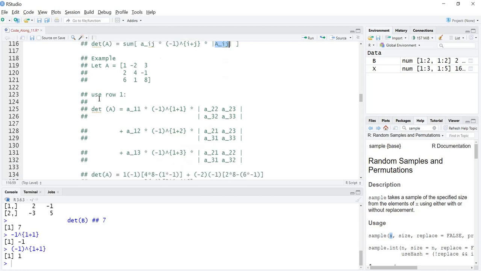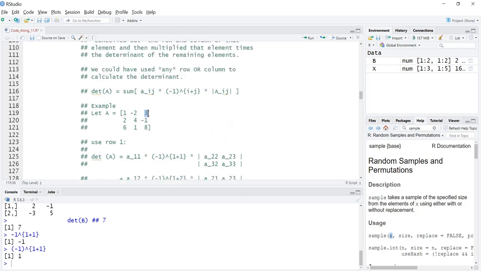So I'm going to use row 1. And so the determinant, since I'm using row 1, here it is written with symbols. I've got negative 1 raised to the 1 plus 1, negative 1 raised to the 1 plus 2, negative 1 raised to the 1 plus 3 for the third, for A13. So this is A11, this is A12, A13.